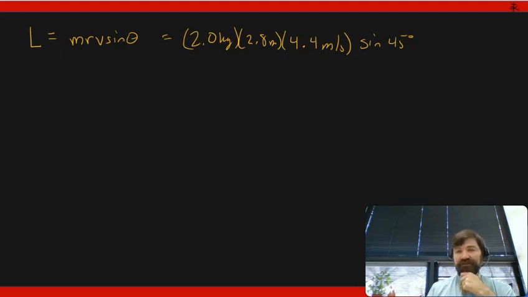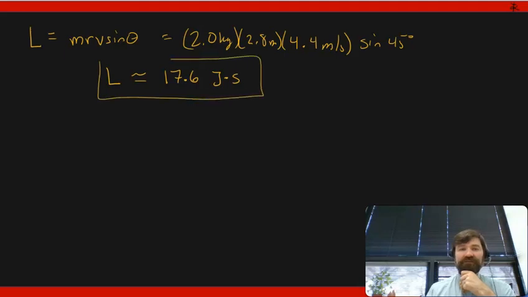You can plug it all into your calculator. What that's going to give you is about 17.6 joule seconds for this system. So yeah, 17.6 joule seconds.